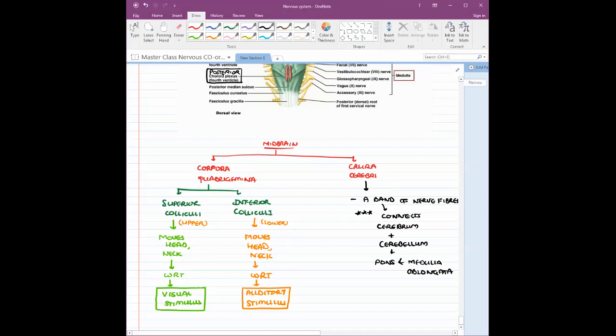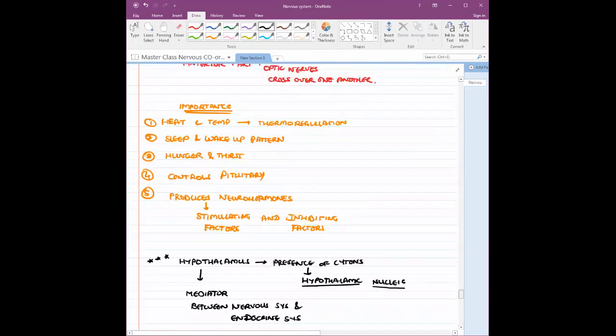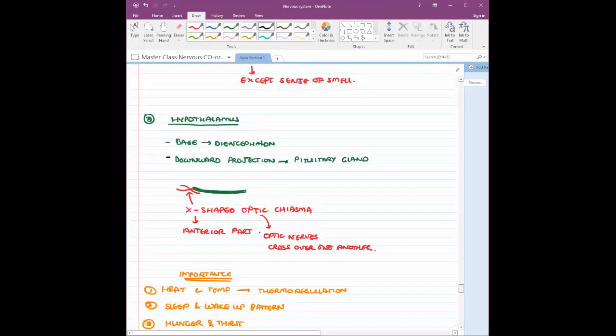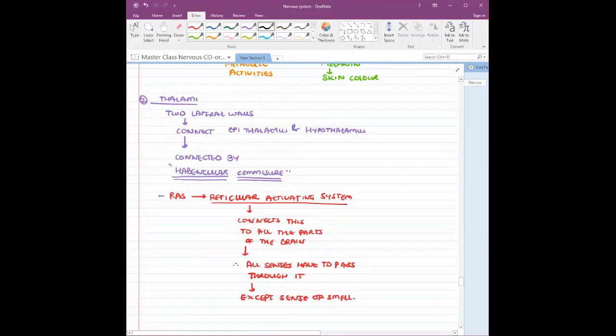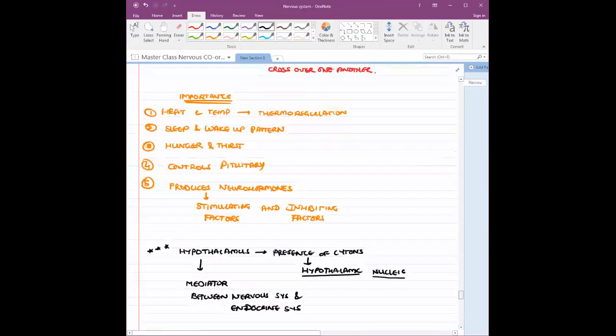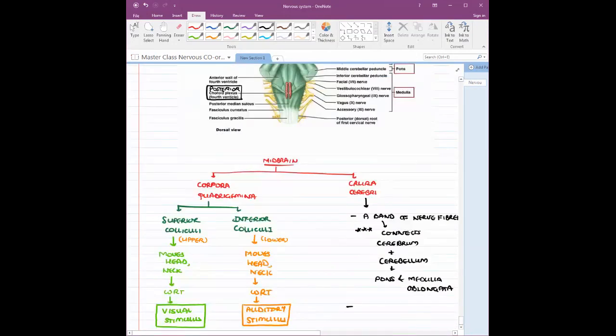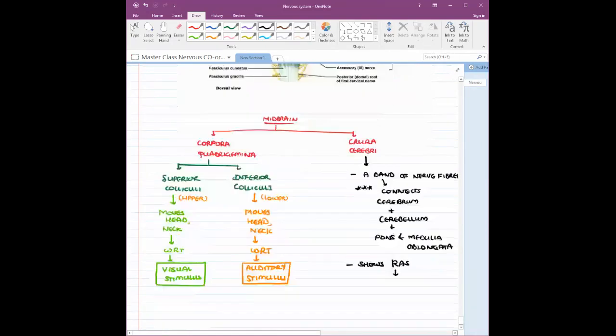And guys, once again, see how we had the RAS system in your diencephalon, we had talked about the RAS system in the thalami. Same way here also you are going to see the RAS system. So this also shows reticular activating system. And why is this reticular activating system for?